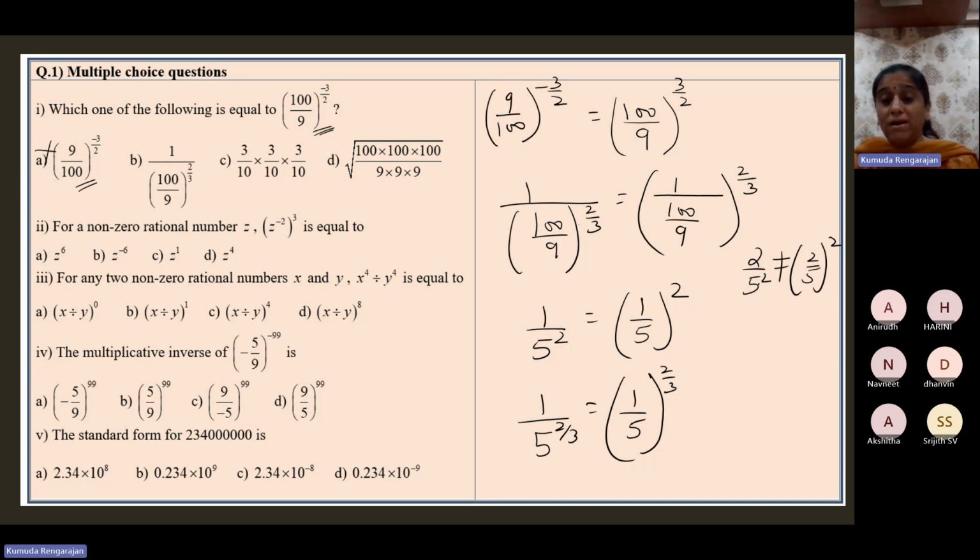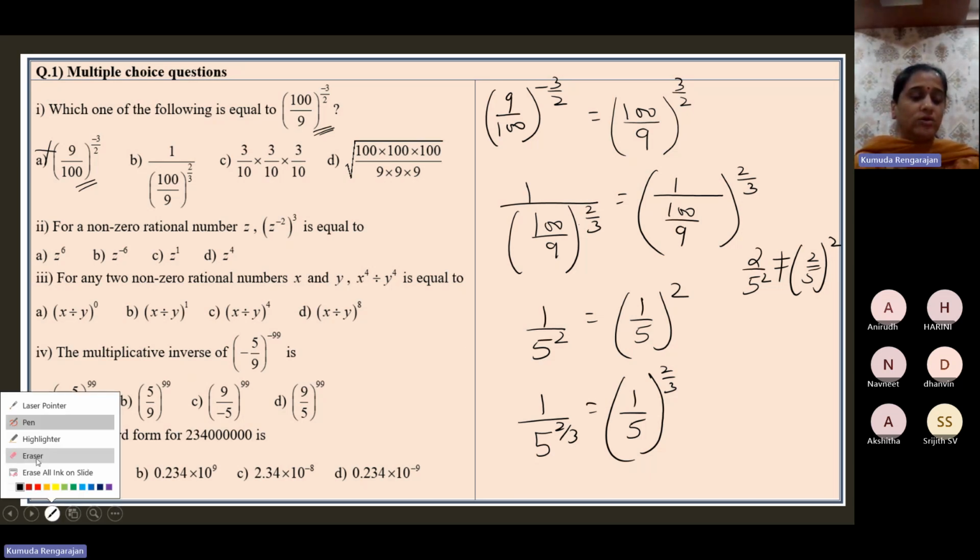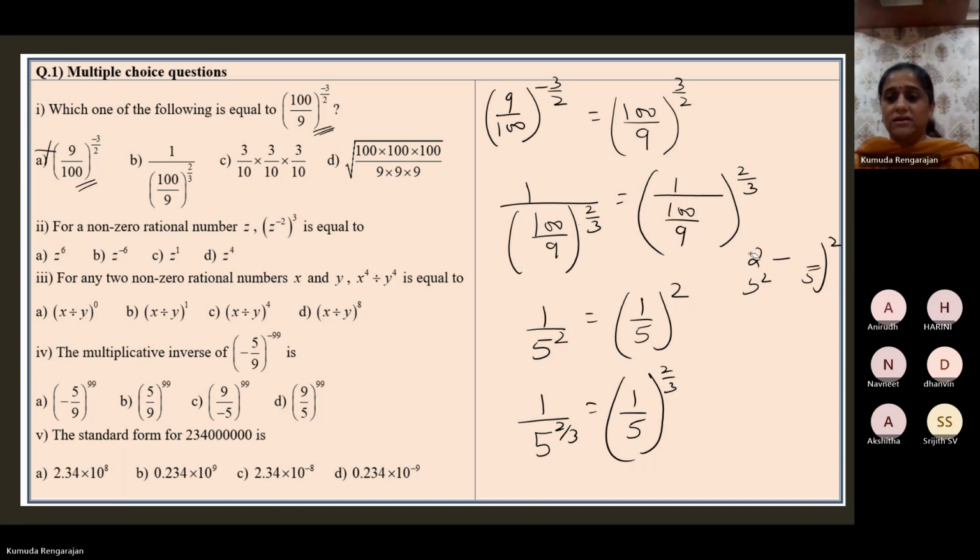If the numerator is 1, then you can use the power for the whole thing. Is this understood? Only then I can proceed.